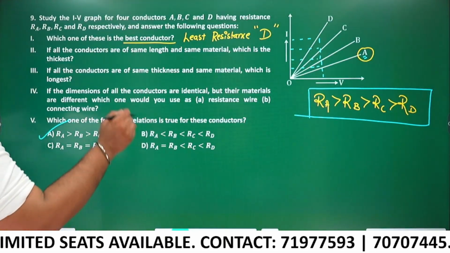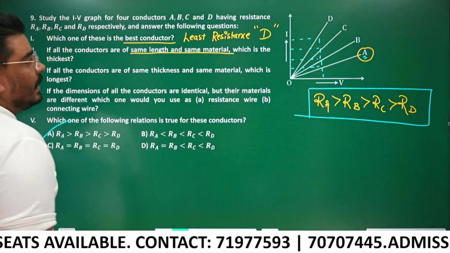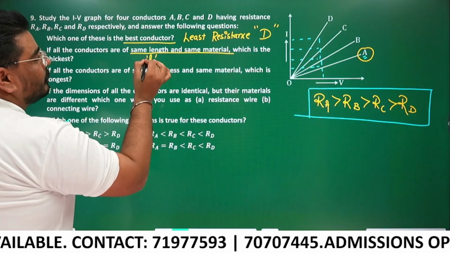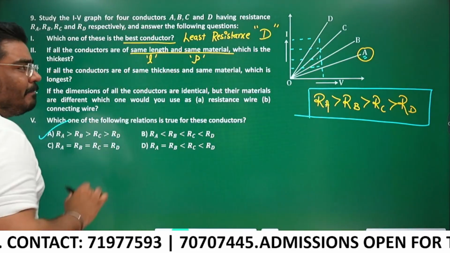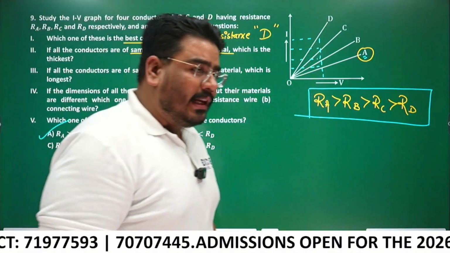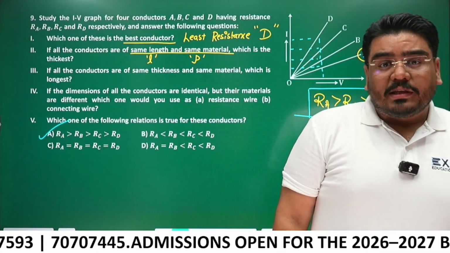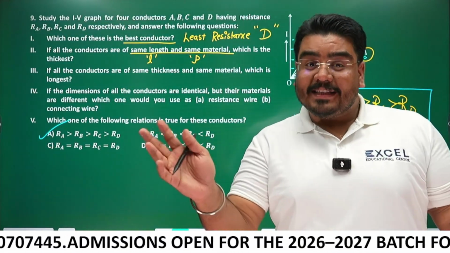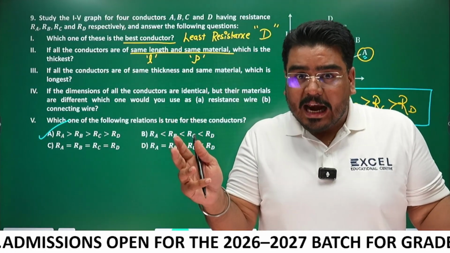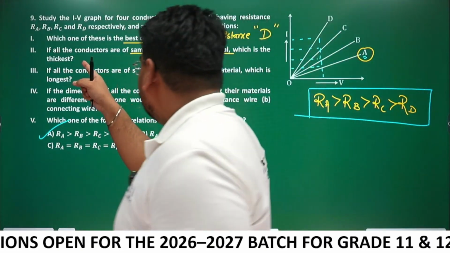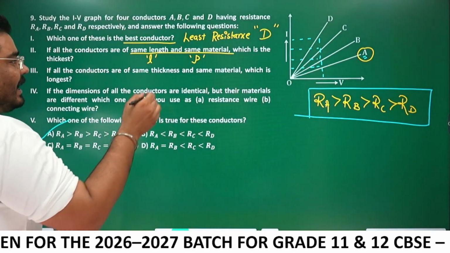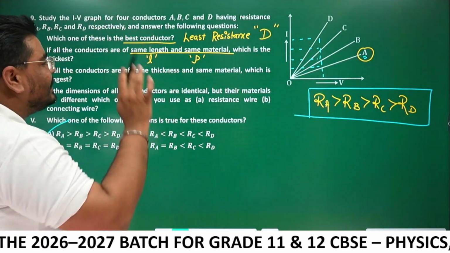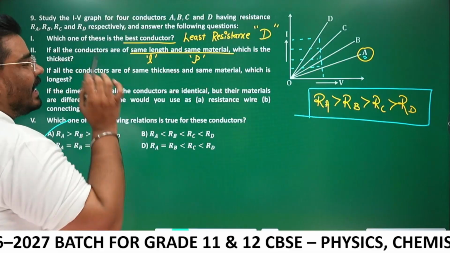If all the conductors are of the same length and same material, length is same. So for the material, the factor that accounts for it is resistivity, or specific resistance, as some people call it. Right? So they are saying all of these A, B, C, D, their length is same, their resistivity is same. Which one of them will be thickest?